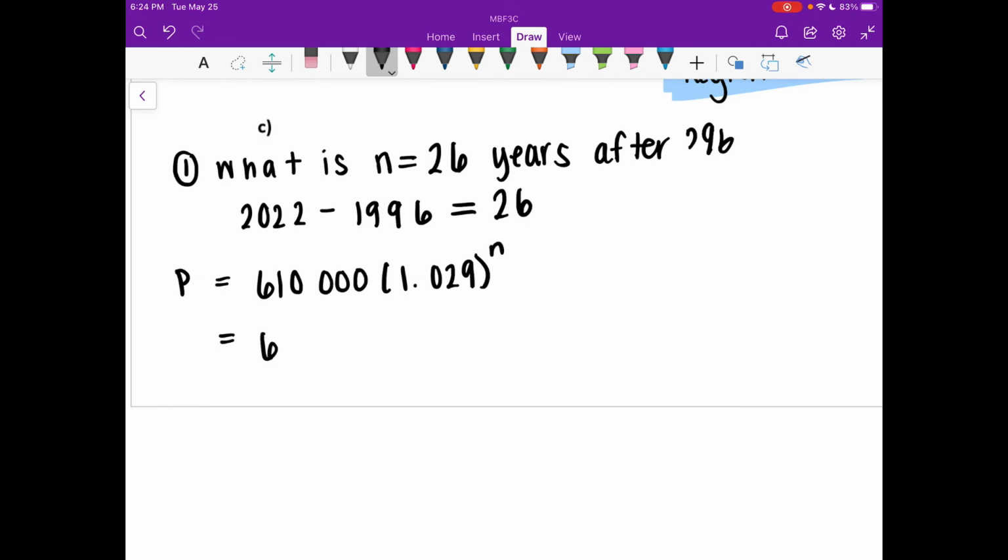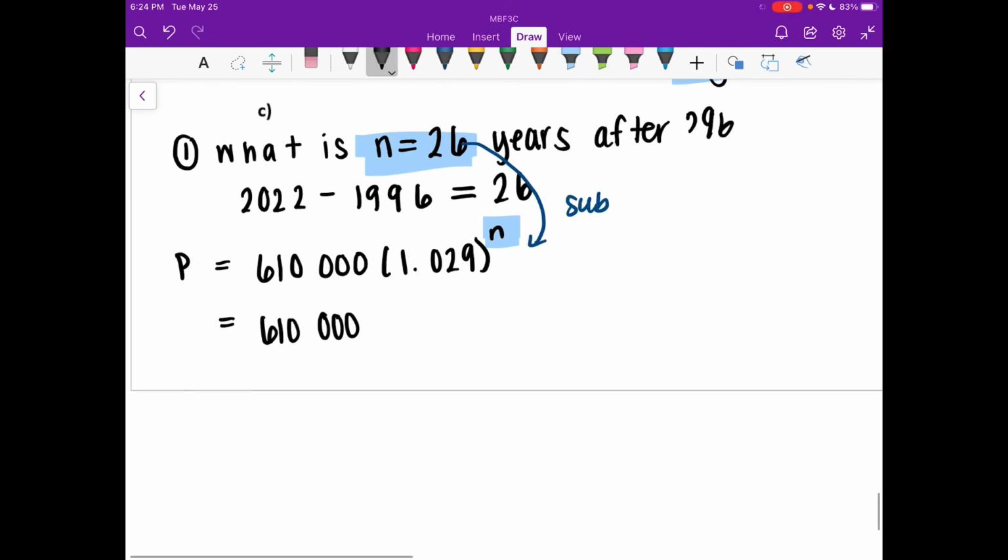And we can just substitute in our n value of 26. And let's just do the math.